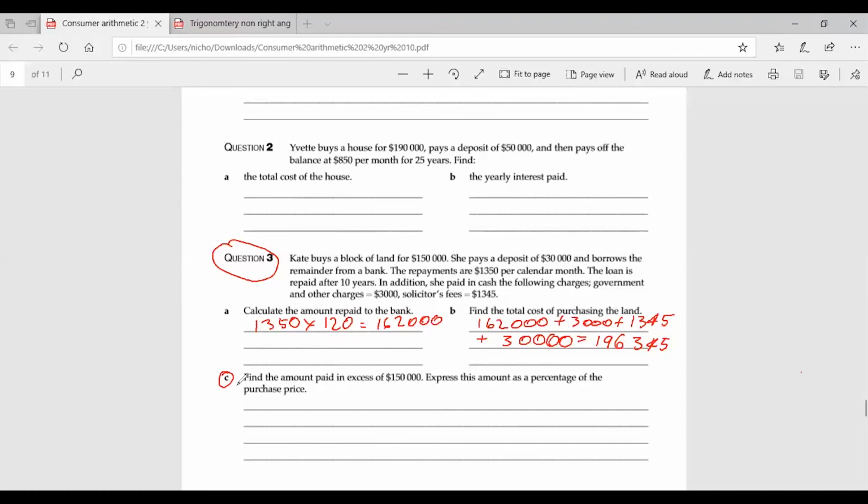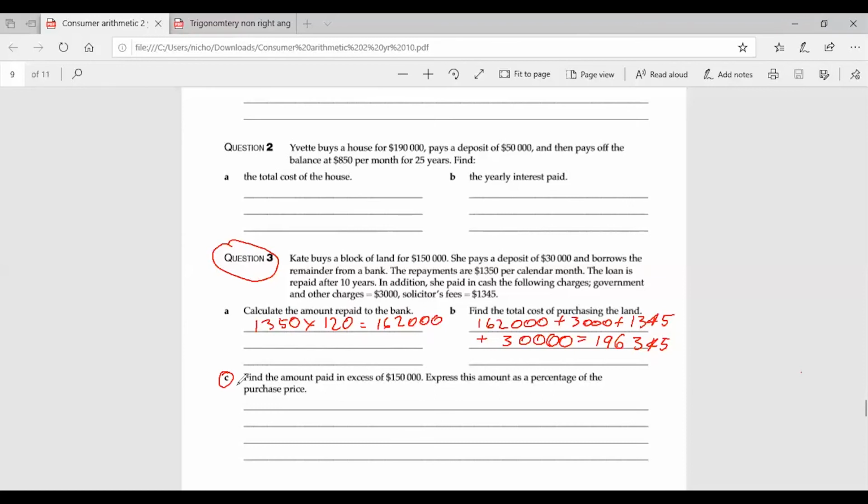Would you do 150,000 minus 196,345? So are we going to do 150 minus 196? Or are we going to do that the other way around?